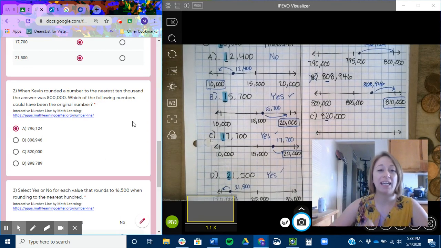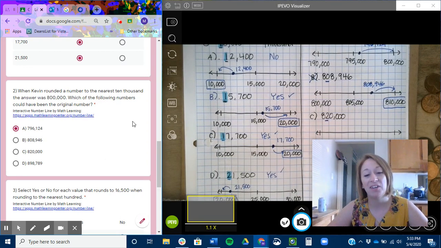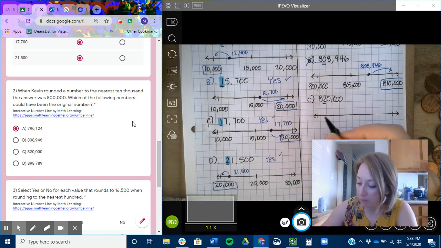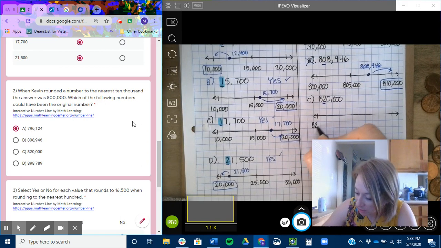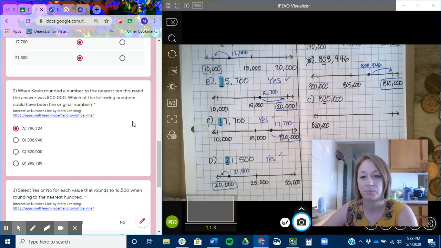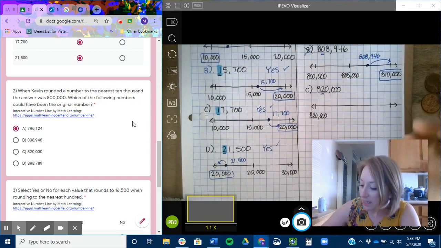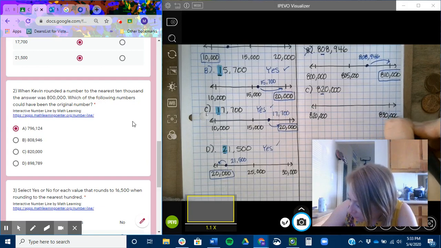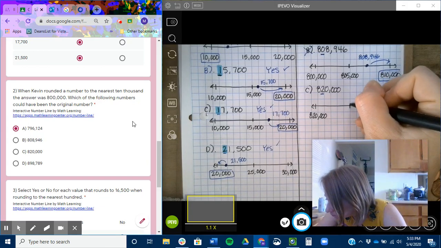And just like Annie told us in the Brain Pop video yesterday, if it already has a 0 at the end and it's already at that unit, well, that value is simply the same. So the 10,000 for 820,000 is 820,000. Well, the next 10,000 is 830,000.